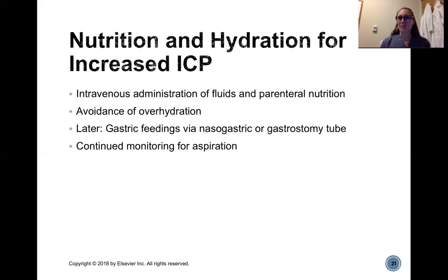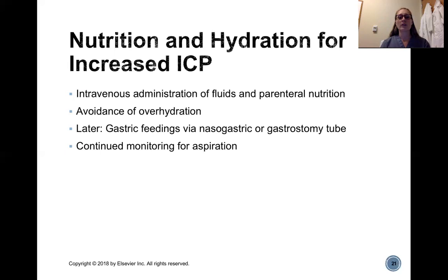How about hydration for our increased intracranial pressure patients? We're going to want to keep a really close eye on these patients' hydration, because if we overhydrate them, they're going to have increased volume in their circulatory system, which is going to increase the volume in their head even more.